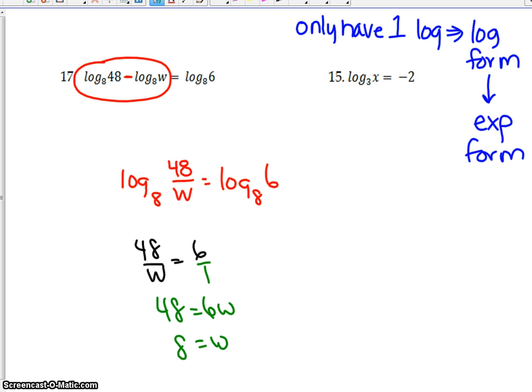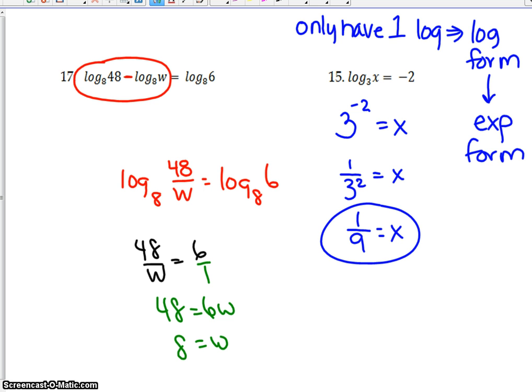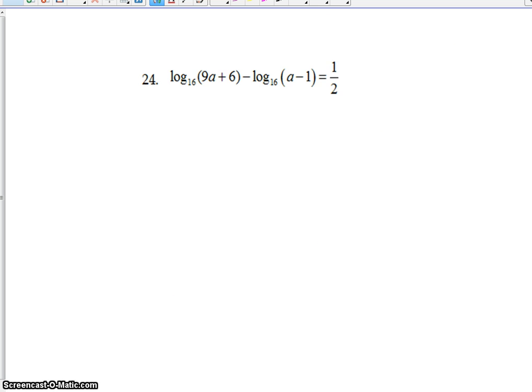So I don't know what to do with log base 3 of x. Okay, so what I'm going to do is rewrite it in exponential form. So base 3, other piece, leftovers. Negative exponent, take it to the other side, it becomes positive. X equals 1/9. Okay, so do not get in that habit of just crossing things off.